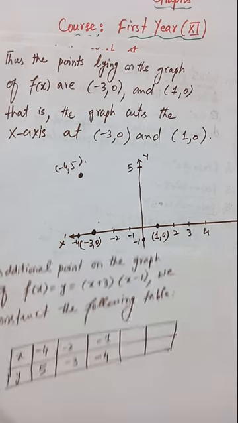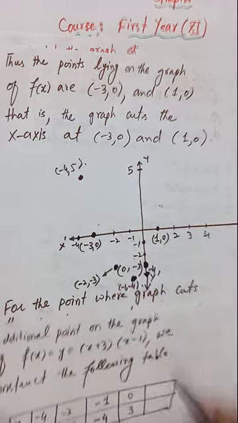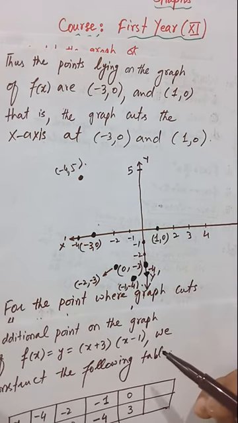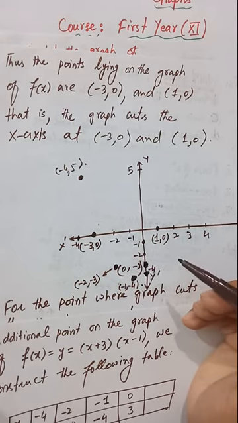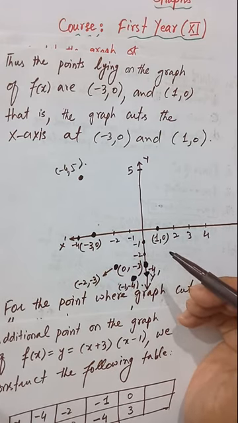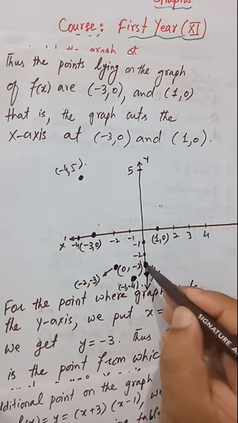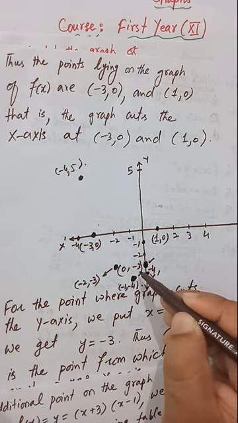Next, when I plug in 0, I get, sorry, that must be -3. When x is 0, the value of y is -3. You clearly see that point here.